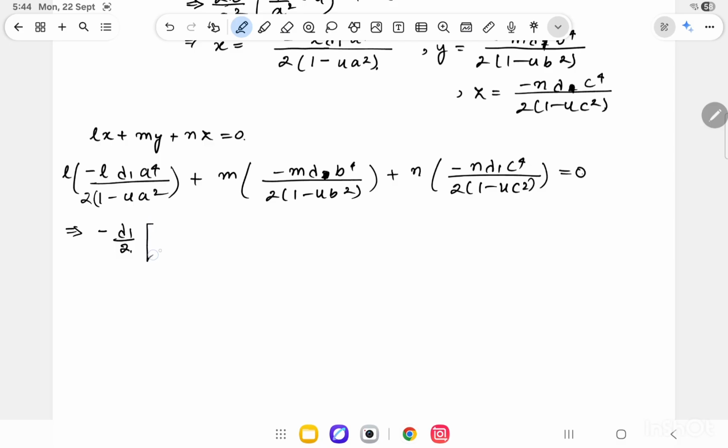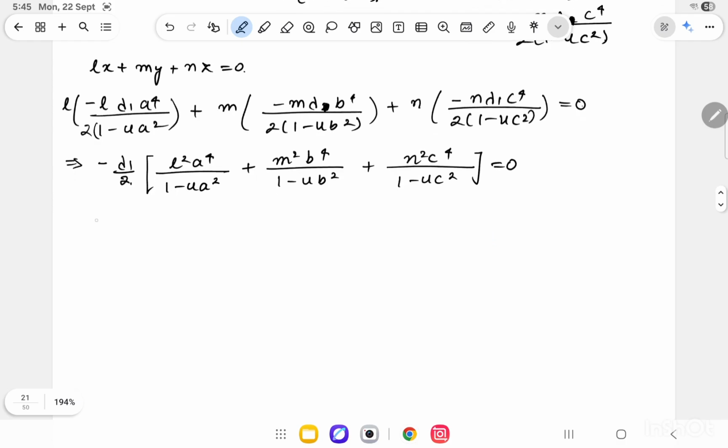So I'll be left with L square into a raised 4 divided by 1 minus u a square plus m square into b raised 4 divided by 1 minus u b square plus n square into c raised 4 divided by 1 minus u c square equals to 0.